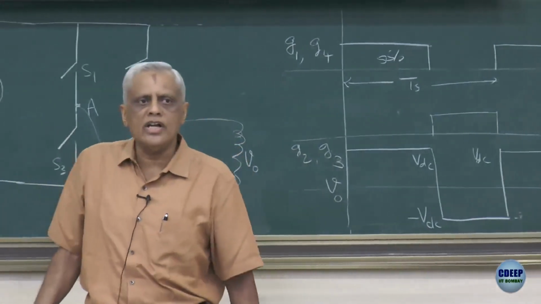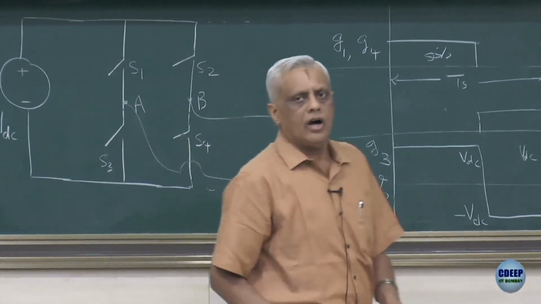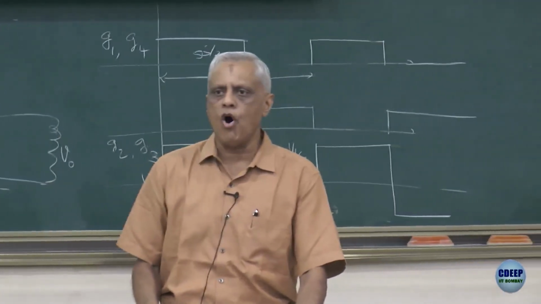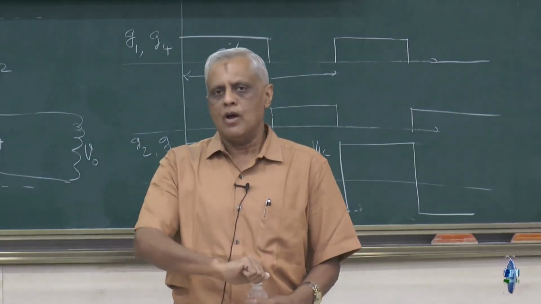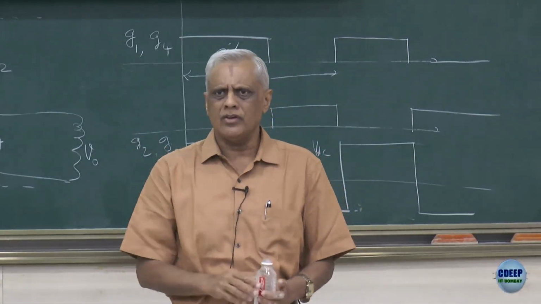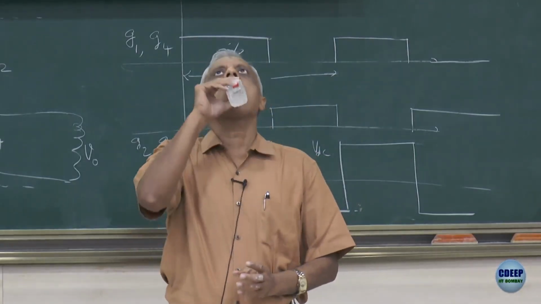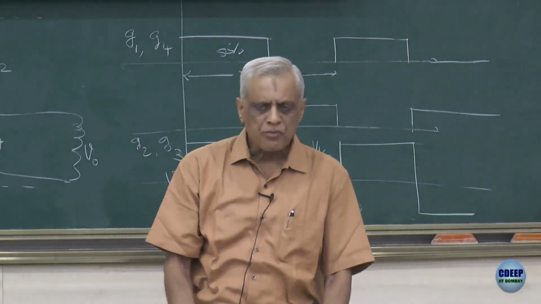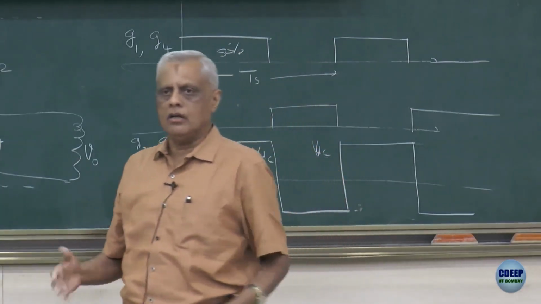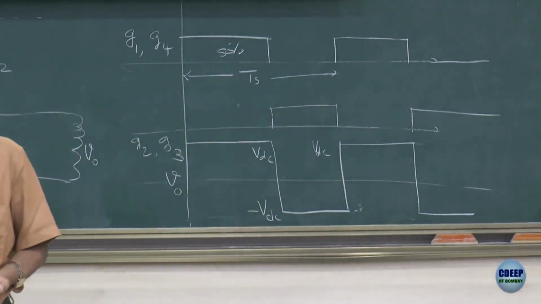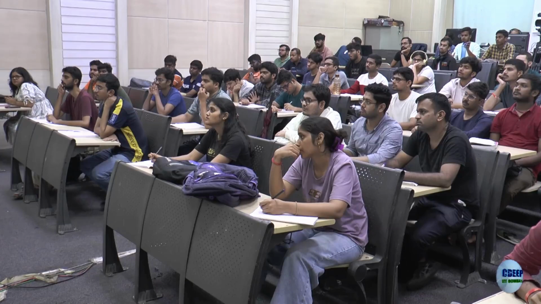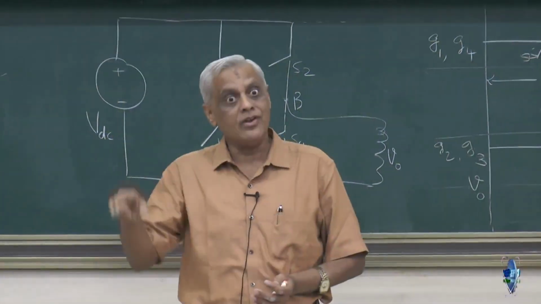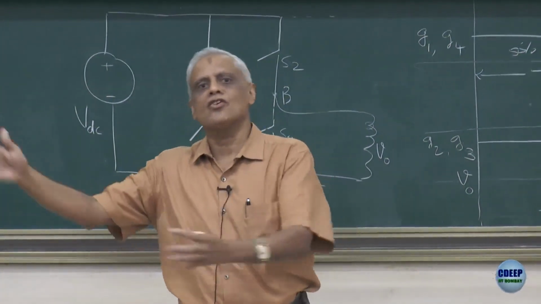What can you comment on the nature of this VO? Is it DC form or is it an AC form of power? AC form. But it doesn't seem to be sinusoidal. Is it okay? Well, it doesn't really violate any fundamental principle, but there are other issues. For example, as you know from the Fourier series expansion, if you have a square wave like this, it will have lots of harmonics.